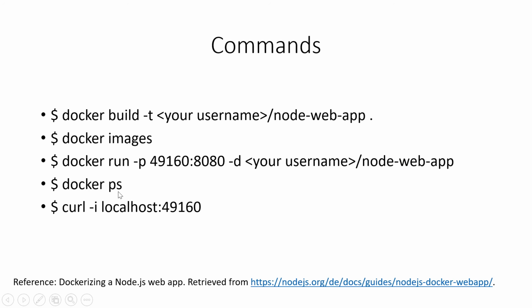Then we use docker ps to get the port information, and then use curl to check the app is running and get its status. So this is basically all the commands you need to use the three applications to deploy our project.